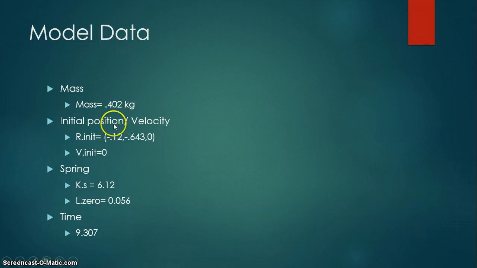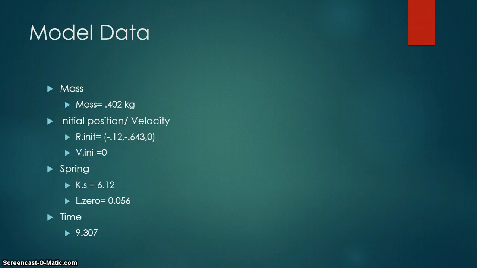Here you can see the relevant data that I inputted into my VPython model. The mass given to us by the video is 0.402 kilograms. The initial position and velocity, which I extracted from my tracker data, is seen here.